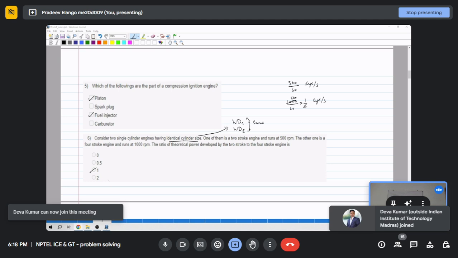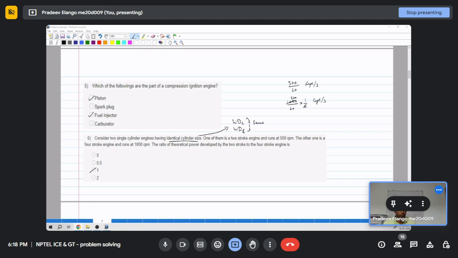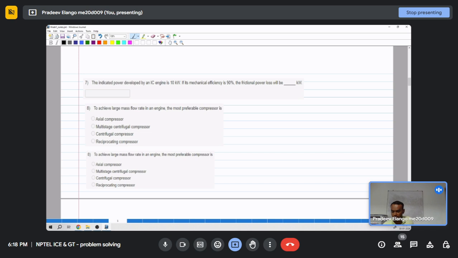Do you have any questions? The indicated power developed by an IC engine is 10 kilowatt. If its mechanical efficiency is 90%, the frictional power loss will be dash kilowatt.